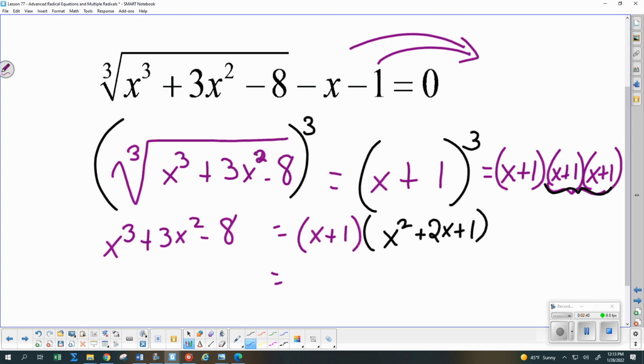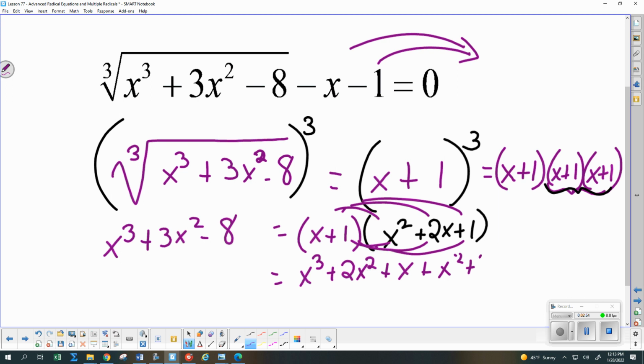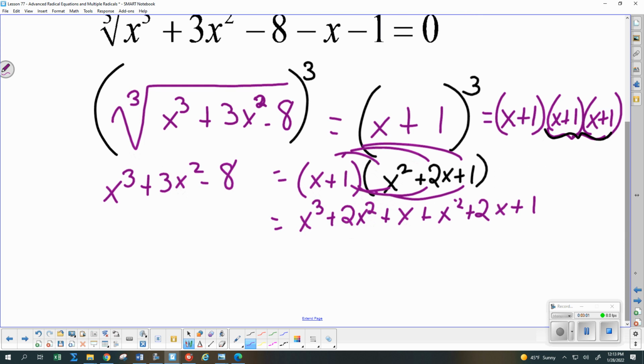So if I do that, when I take the x times everything, I have x cubed plus 2x squared plus x. Then I take the 1 times everything, and I have plus x squared plus 2x plus 1. And that is all still equal to x cubed plus 3x squared minus 8.